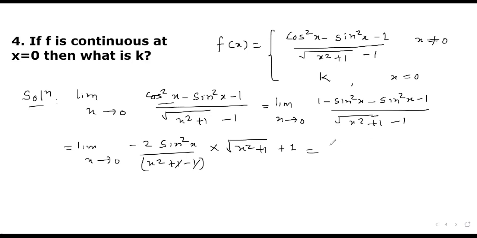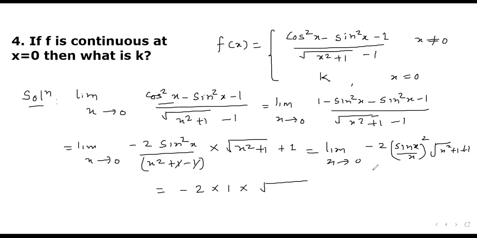So we will get limit x tends to 0 of minus 2 times sine x upon x whole square times root of x square plus 1 plus 1. So this will become minus 2 into 1 into, if we put x equal to 0, 0 plus 1 plus 1, that is minus 2 into 2, that is minus 4. So the value of k is minus 4.